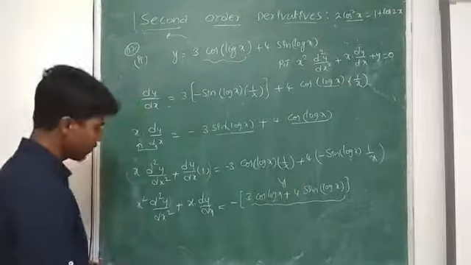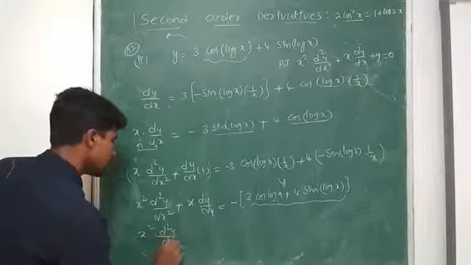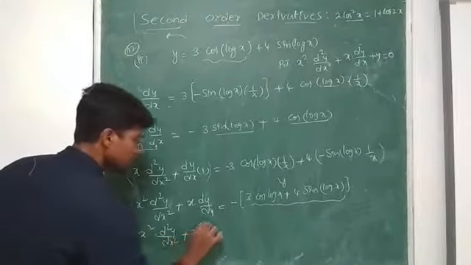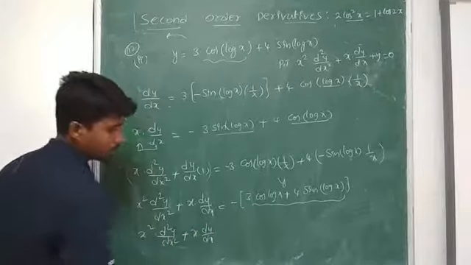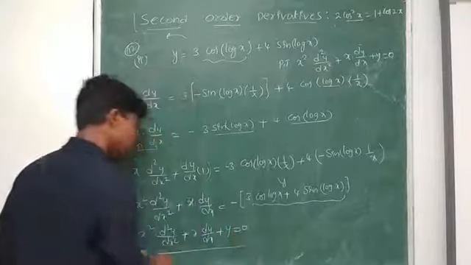Transfer this to left side, we get x square into d2y by dx square plus x into dy by dx plus y equal to 0.